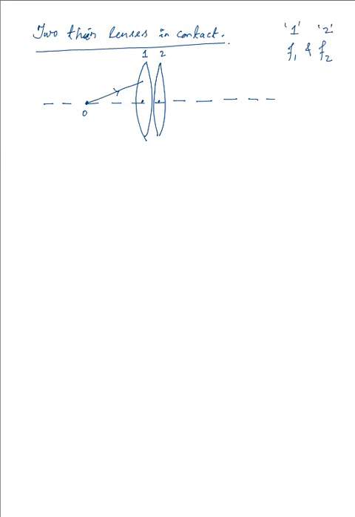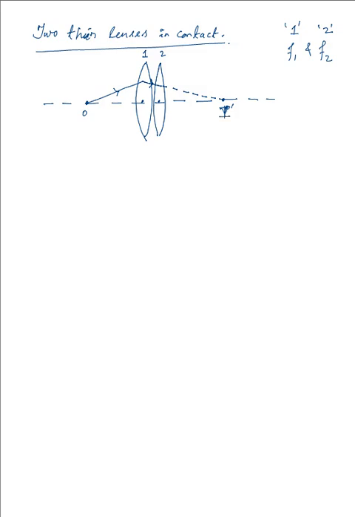Now, had there been no second lens, the light ray would have been directed along that direction, somewhere here, where I would have said that the image is formed at V dash, or rather I would take it as I dash.